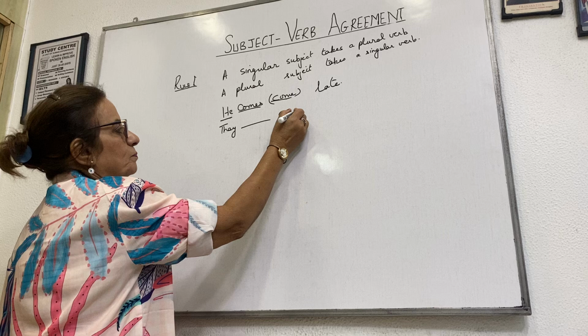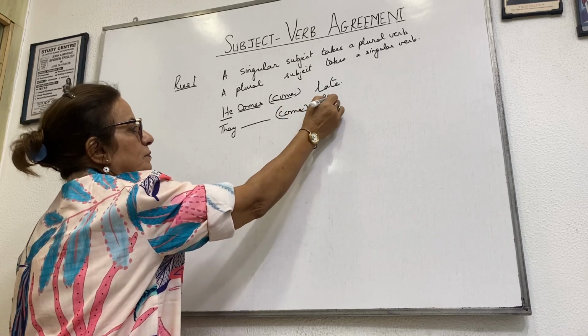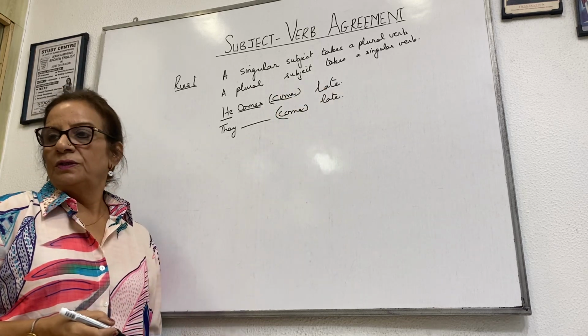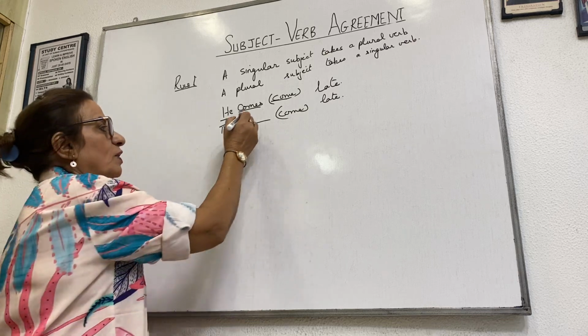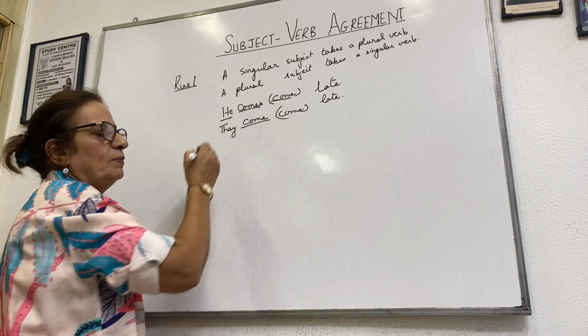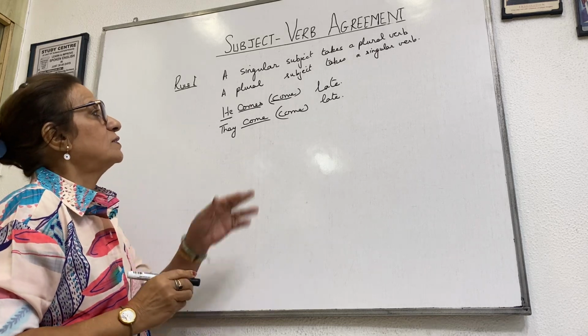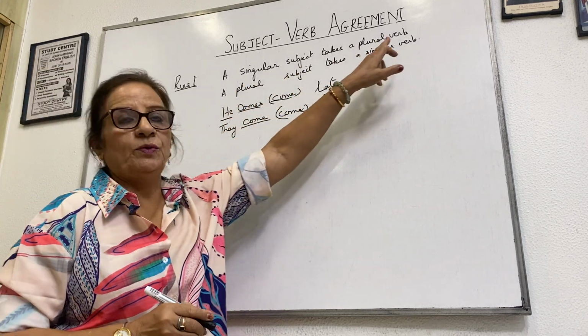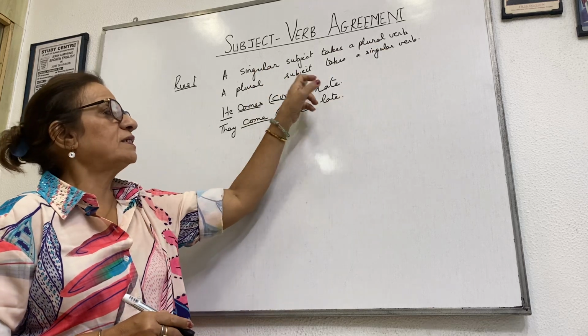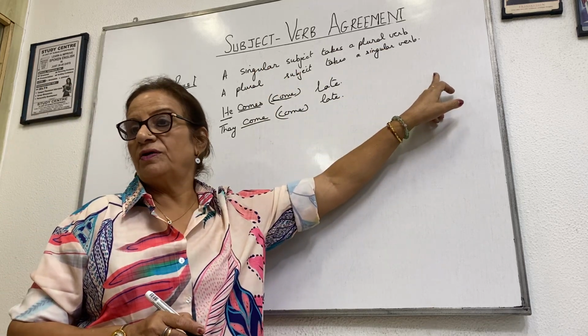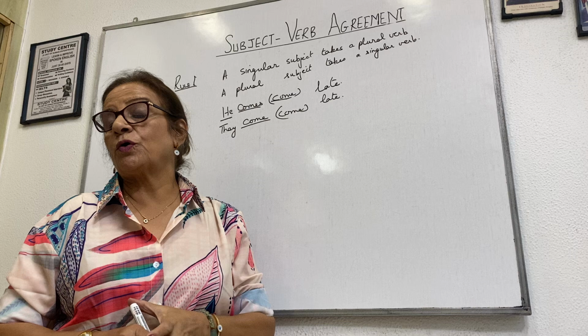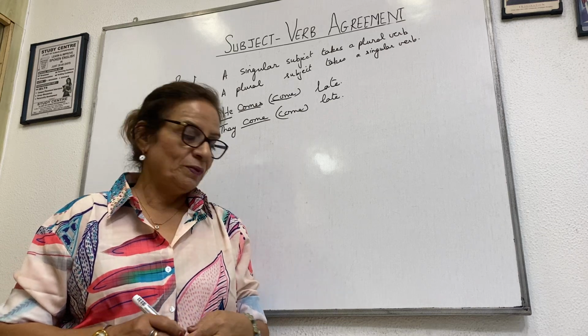Verb is come. Late. So, plural subject, verb will be singular. They come late. So what does the rule say? A singular subject takes a plural verb, and a plural subject takes a singular verb, the regular verb. I'm not talking about helping verbs.